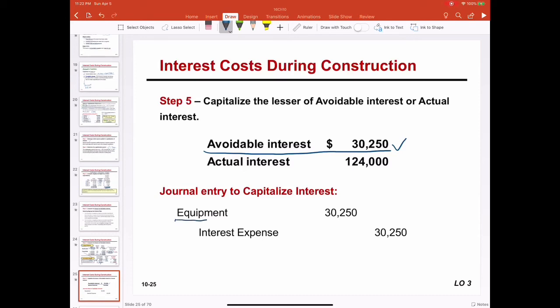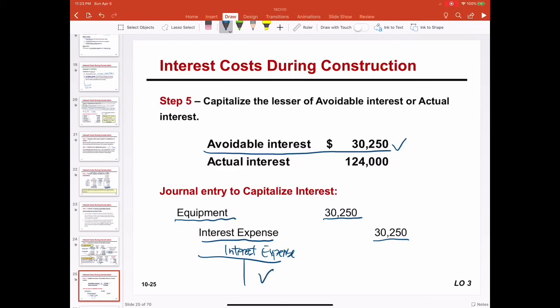We debit this asset, 30,250, and credit interest expense, 30,250. This journal entry, we know interest expense is an expense account. When we credit interest, the interest actually decreases.